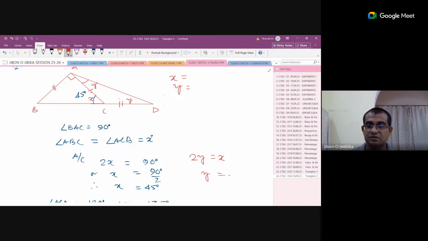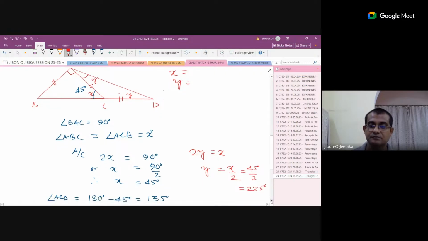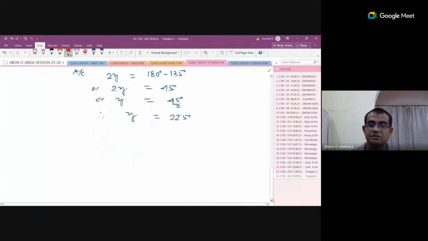Y is equal to x by 2. So this is the answer. Clear, everyone? Have you understood?